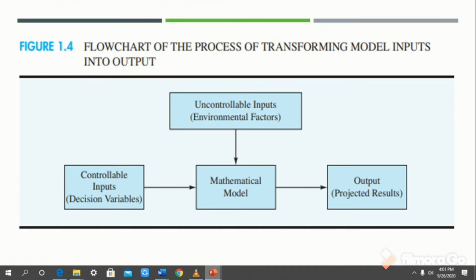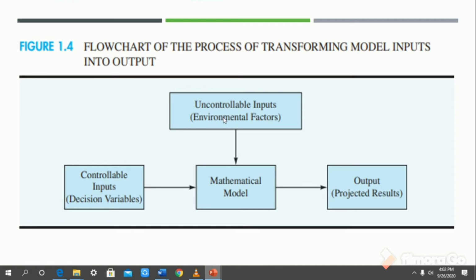So, figure 1.4, this is the flow chart of the process of transforming model inputs into outputs. Imong uncontrollable inputs or environmental factors, and imong controllable inputs or decision variables, with those two, makahimo ka og mathematical model, diba? Ang controllable is kung pila ang quantity, the x.